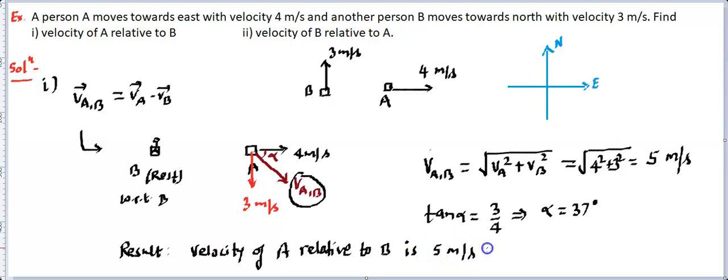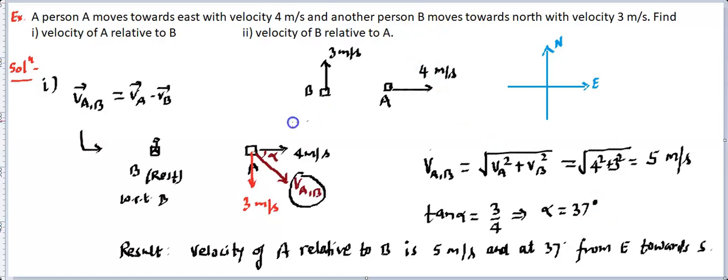That's the magnitude. And at 37 degrees from east towards south. So that's going to be our final answer. So as per B, A will be moving at 37 degrees towards south from the east direction, and with which velocity will it be moving? With 5 meters per second.